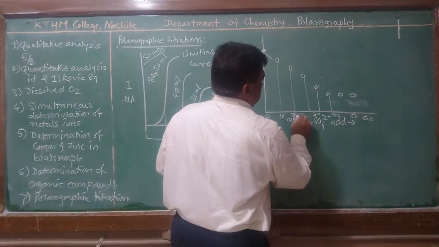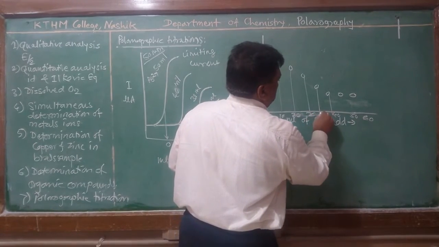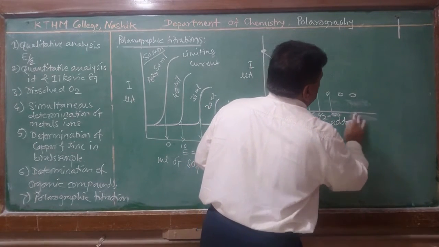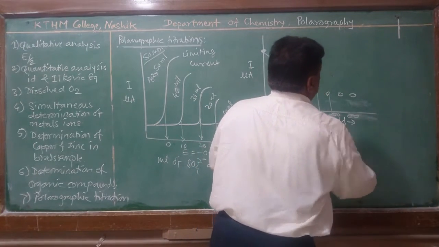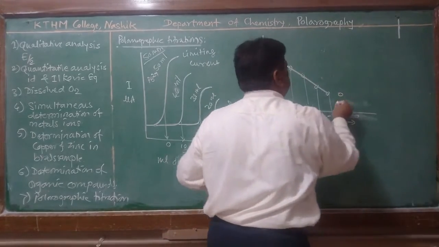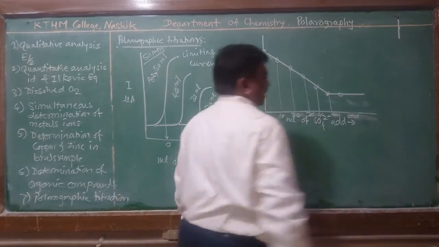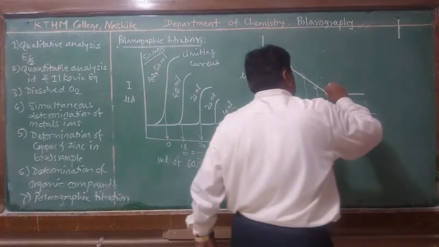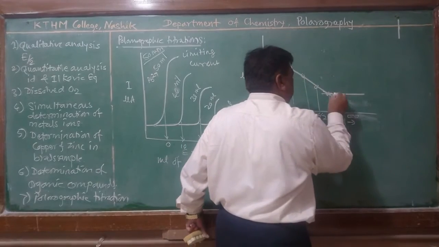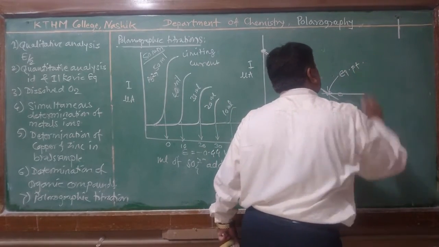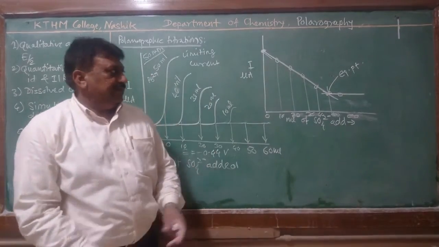Here it decreases in this fashion, and after that it becomes constant. Therefore, here we have two straight lines intersecting at the equivalence point, and this is the equivalence point in polarographic titration.